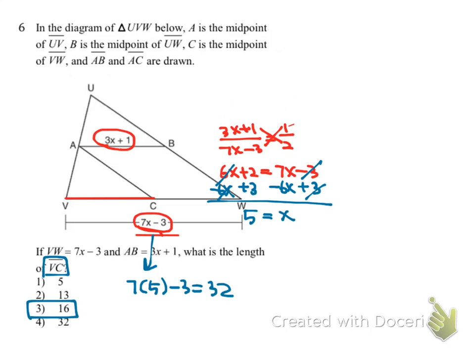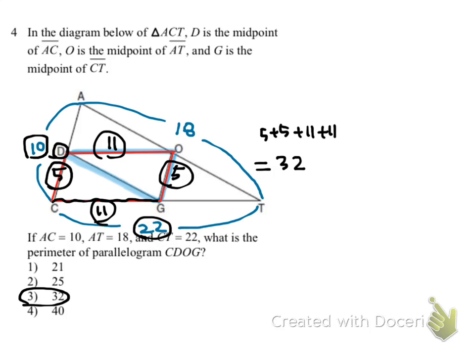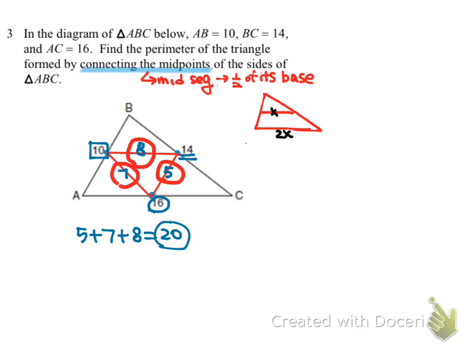For example, here each side was 6, and 6 plus 6 plus 6 would have been 18, which is half of the 36. Here, even in this one, perimeter of the inside triangle made by the mid-segment is 20, when in fact the original perimeter would have been 40.